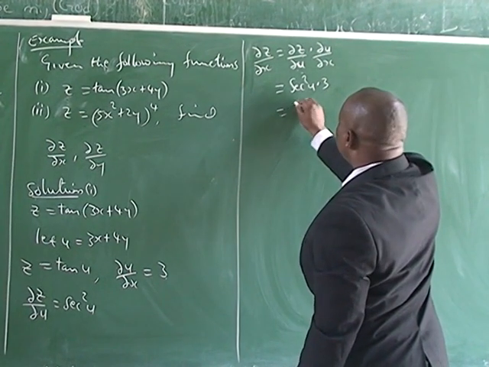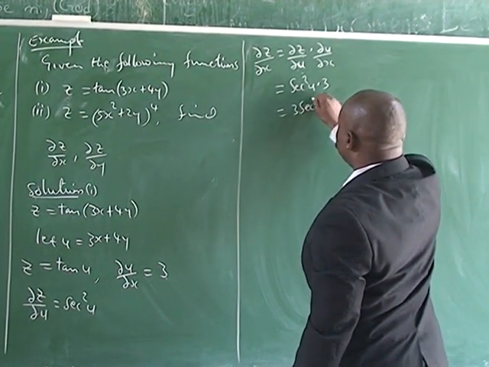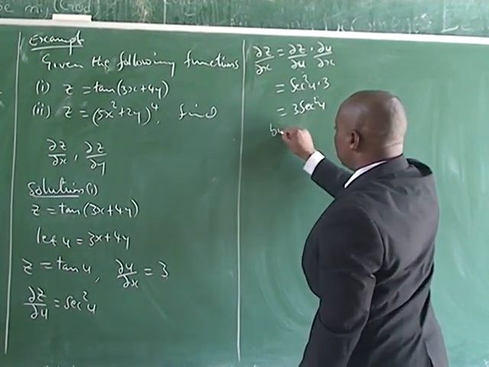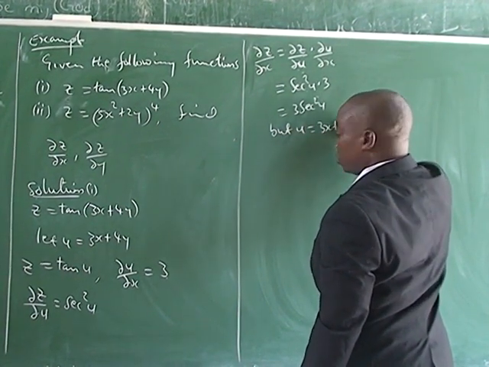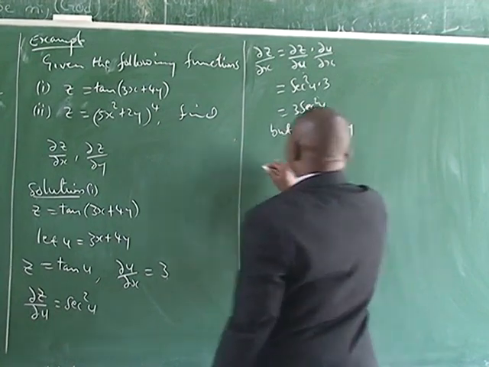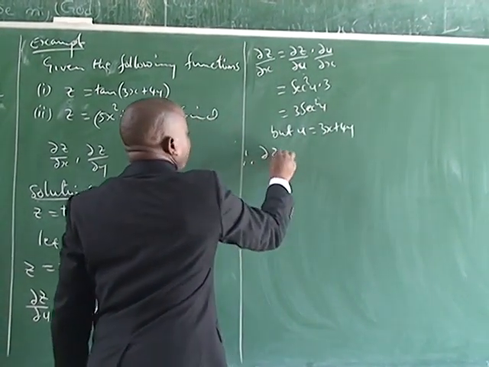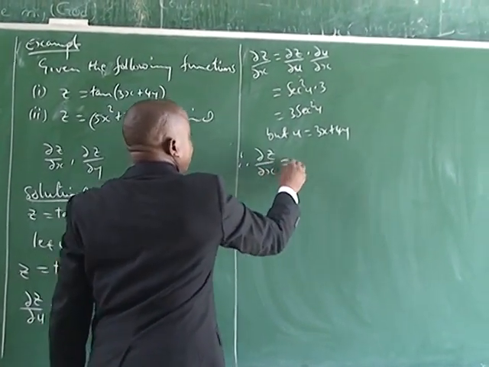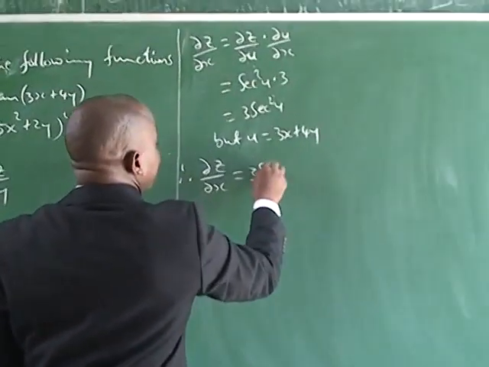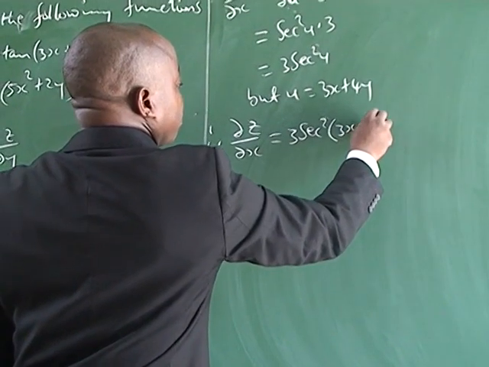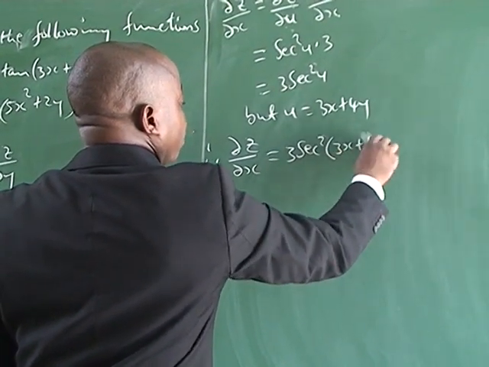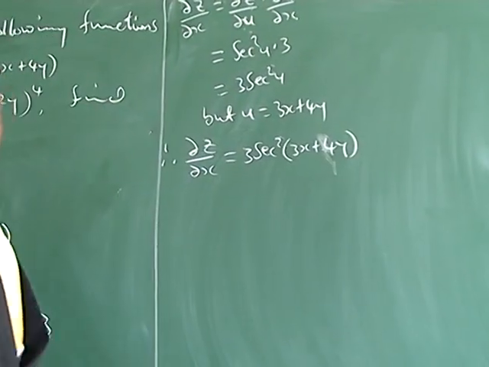So we have 3 sec squared u. But u is equal to what? 3x plus 4y. Therefore, partial z partial x is equal to 3 sec squared of 3x plus 4y.